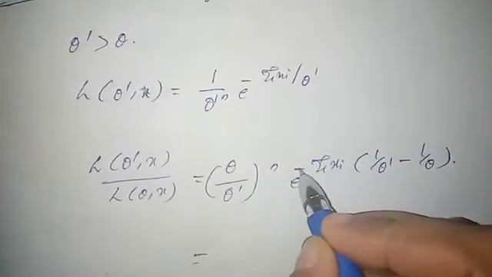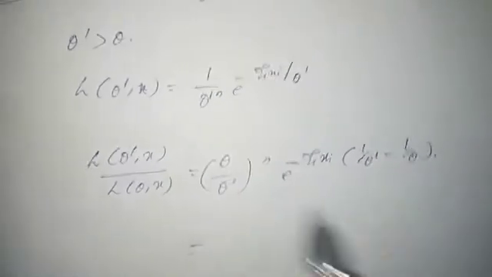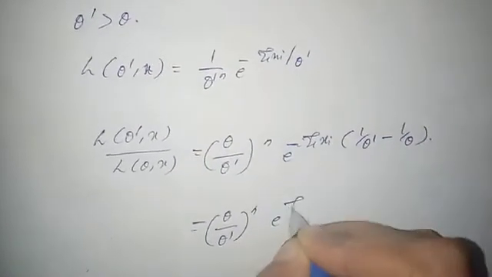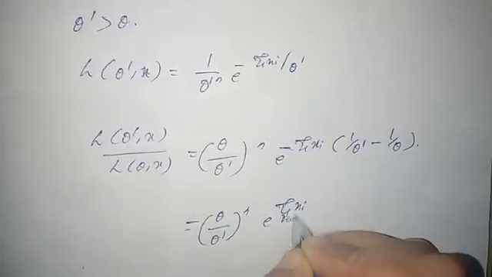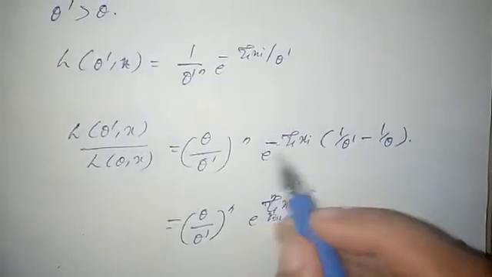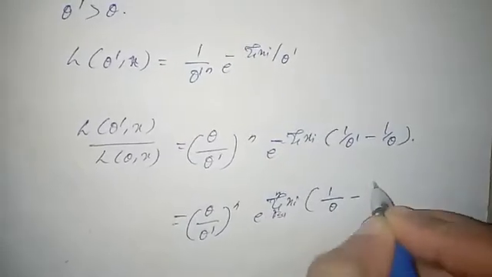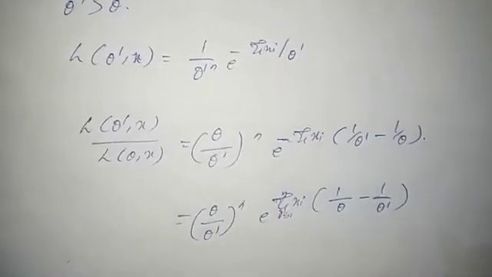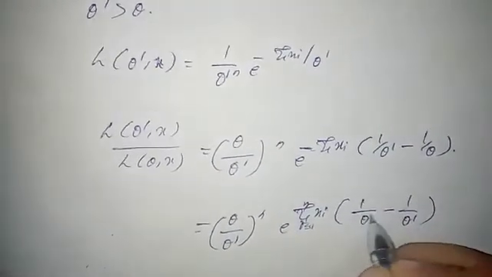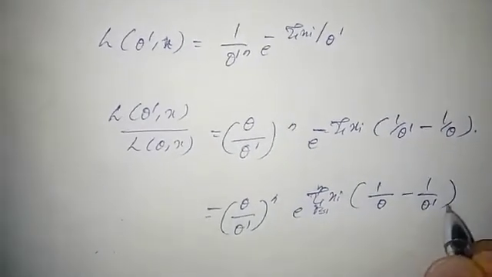We take the minus sign inside, so it is theta by theta dash power n e power summation i = 1 to n xi times (1 by theta minus 1 by theta dash).